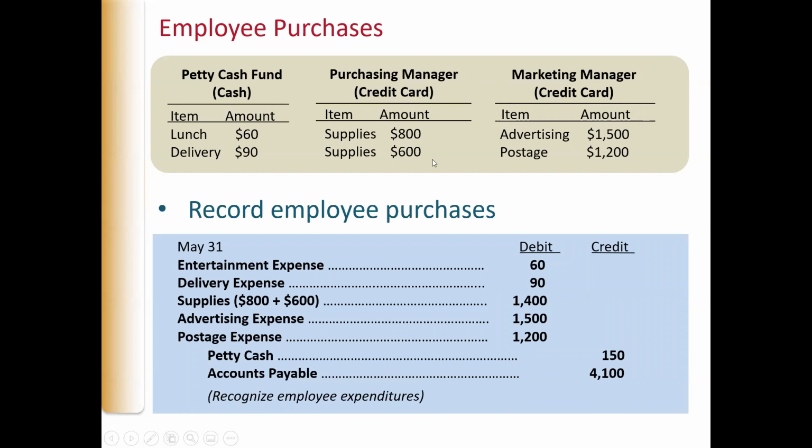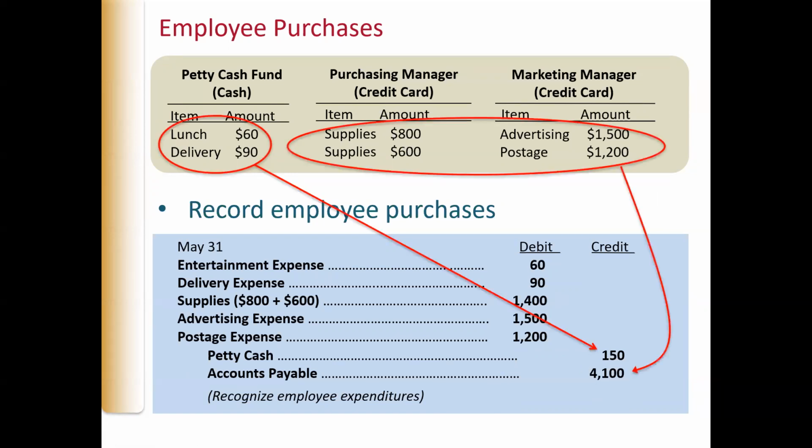And these items on a credit card will credit accounts payable, because they will be paid when the credit card is paid. Here you see the petty cash portion. Here you see the accounts payable portion.